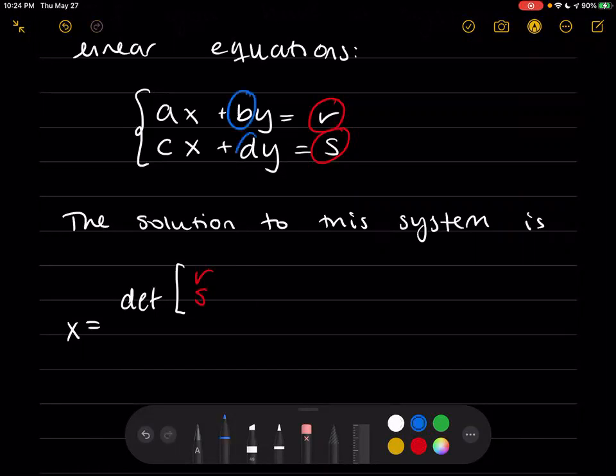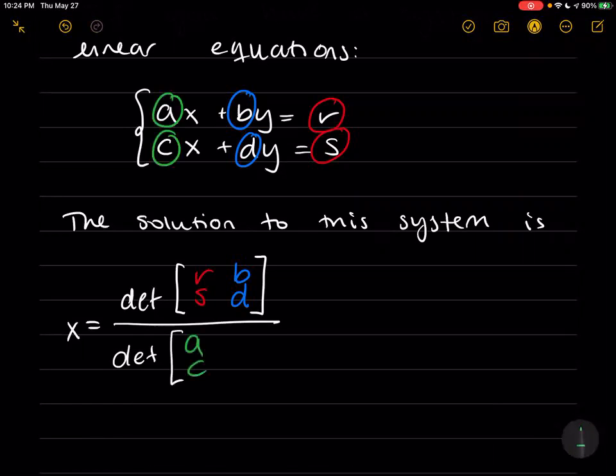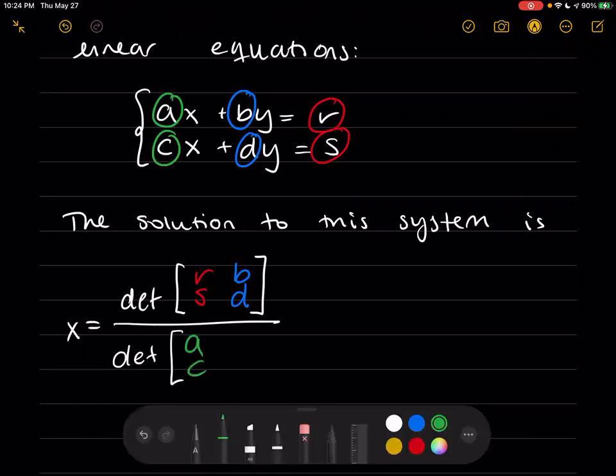So you take the determinant of that matrix over the determinant of the matrix with a and c in green, a, c, b, d. That will be the x coordinate of your solution.